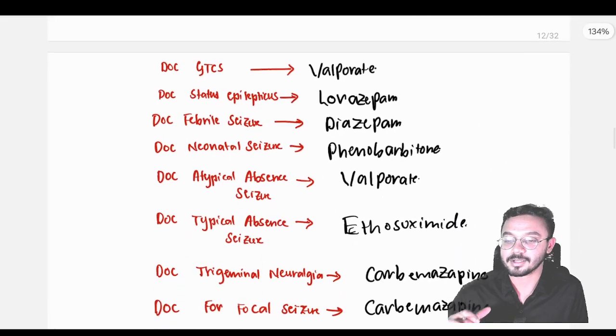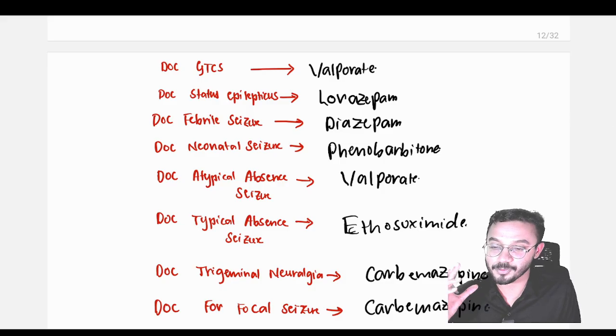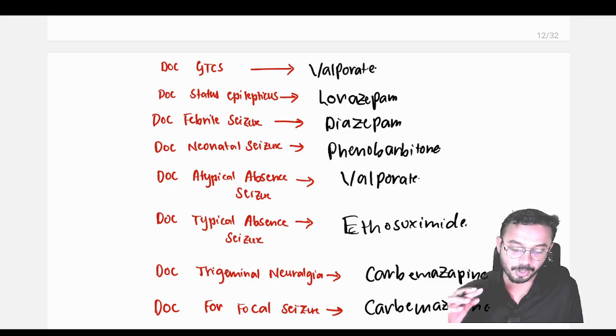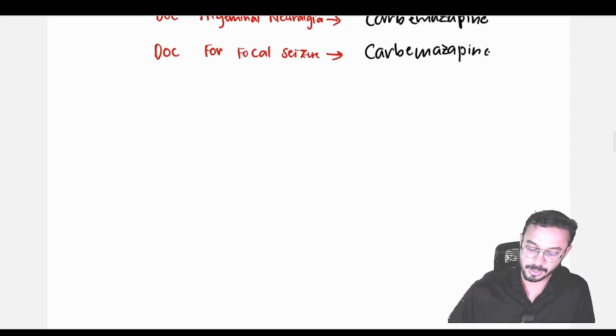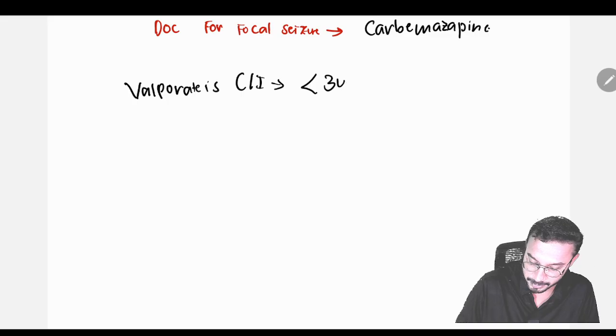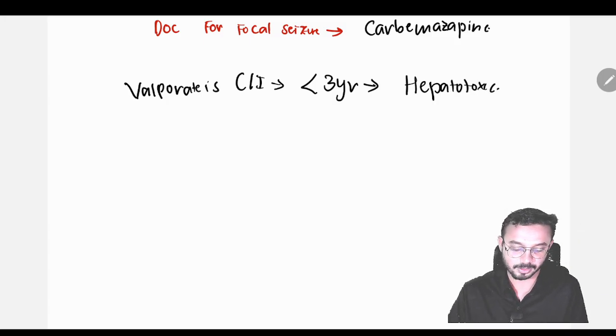One side effect of phenytoin is gingival hyperplasia, gum hyperplasia. And remember valproate is hepatotoxic. Very very important. Valproate should not be given to children less than 3 years; it is contraindicated in less than 3 years. Why? Because valproate is a hepatotoxic drug. So this is about seizures and very very important.